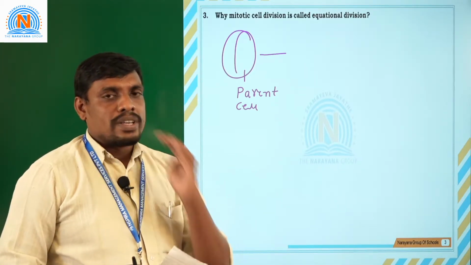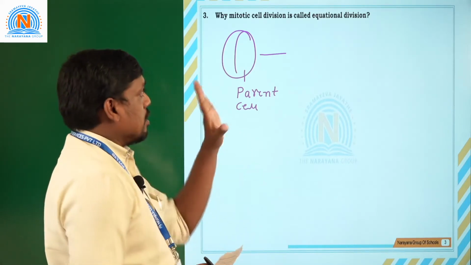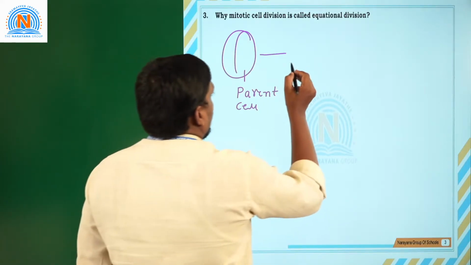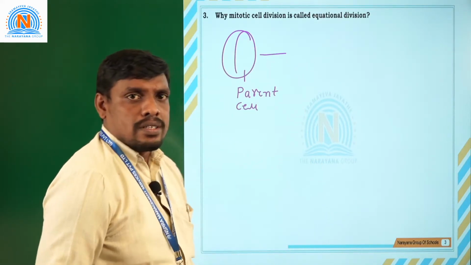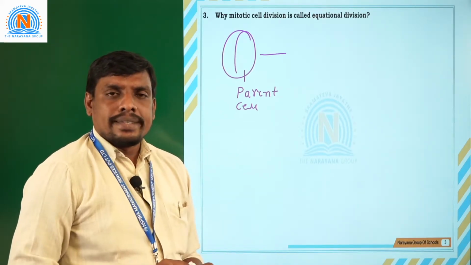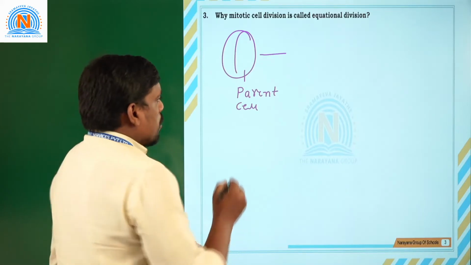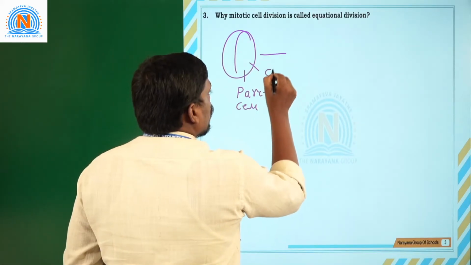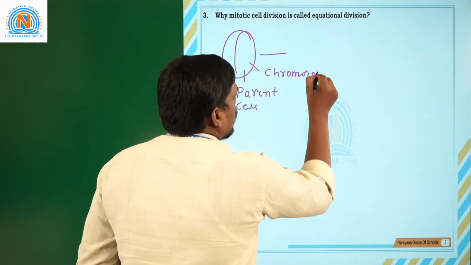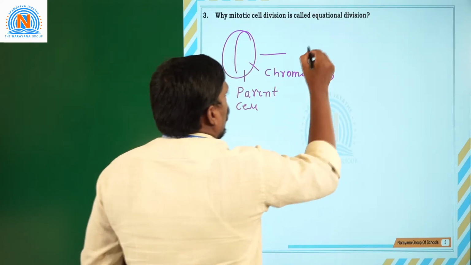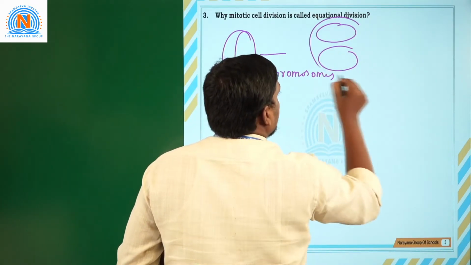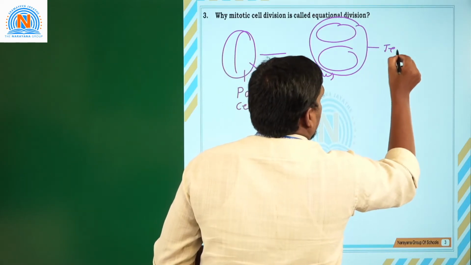Altogether 4 stages are there in mitotic cell division. At the end of the telophase, from our parent cell, we get 2 different cells. The number of chromosomes in the parent cell is equal to that in the daughter cells forming at the end of the telophase.